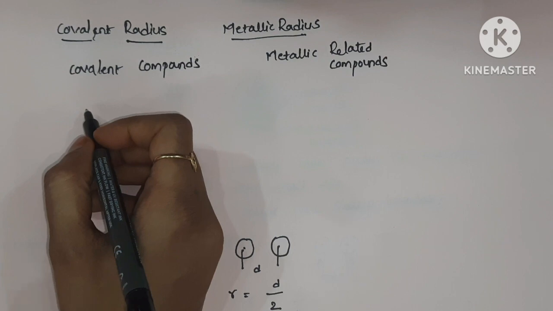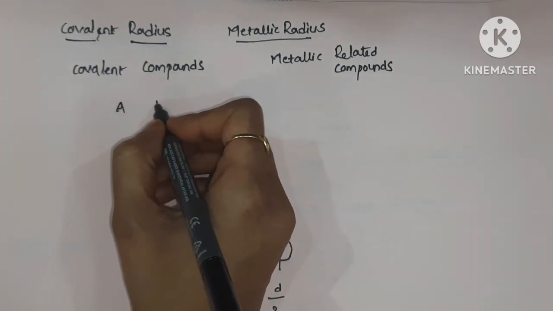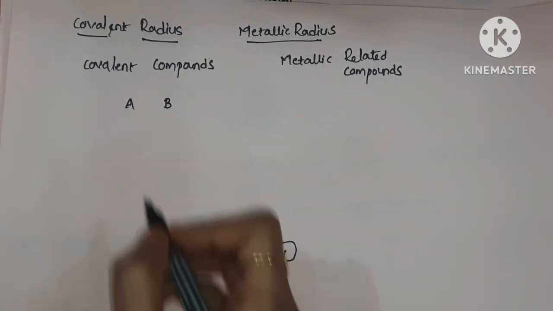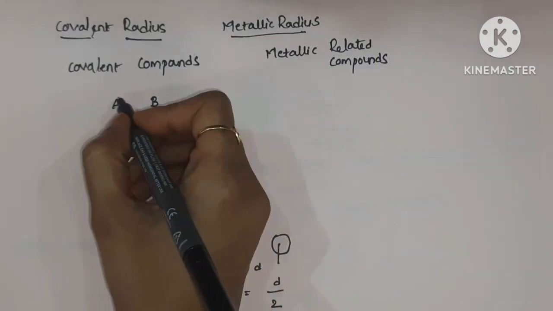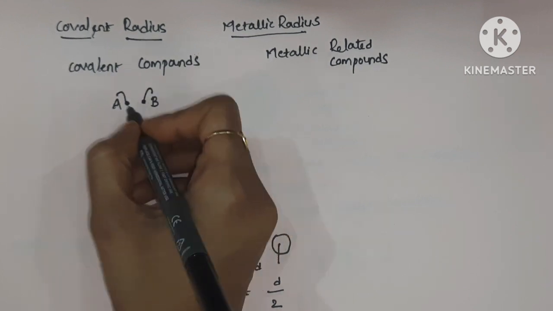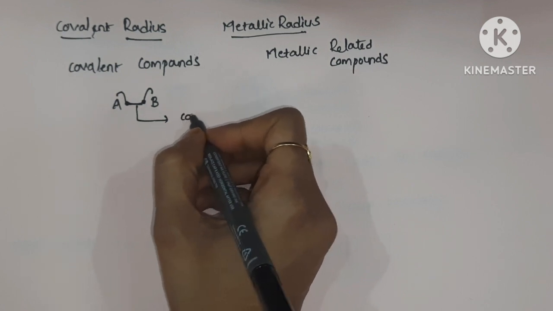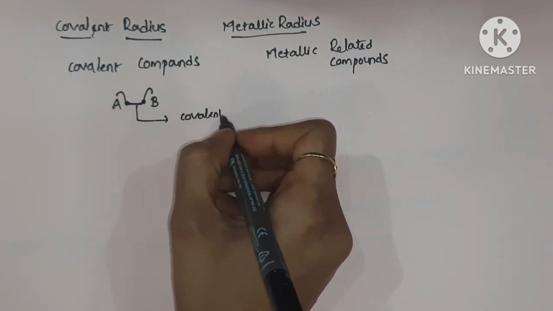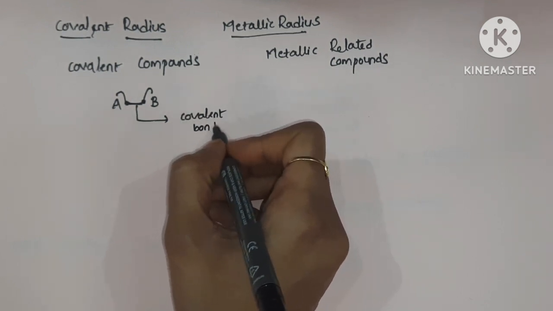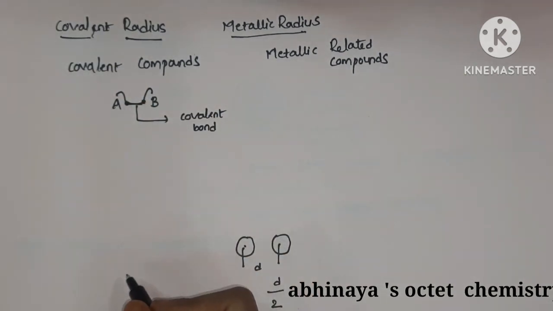For example, A is an atom, B is also an atom. A shares one electron and B shares one electron to form a bond. This bond is called a covalent bond, and this compound is called a covalent compound.